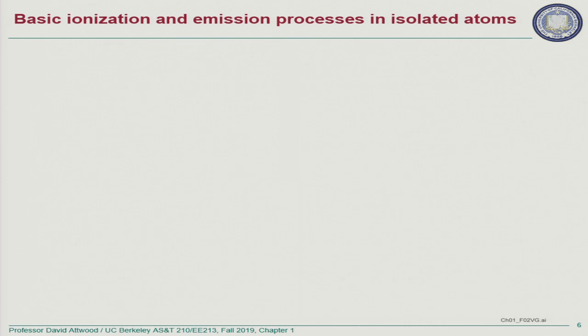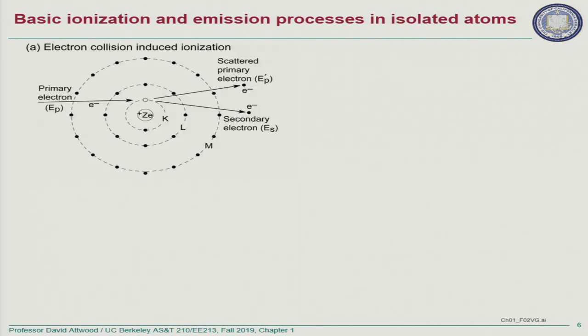So there are a few types of basic processes that we're going to be interested in. One is electron collision ionization. You have a primary electron that knocks out a core level electron, and there's a scattered primary which has lost some energy, and a secondary electron.